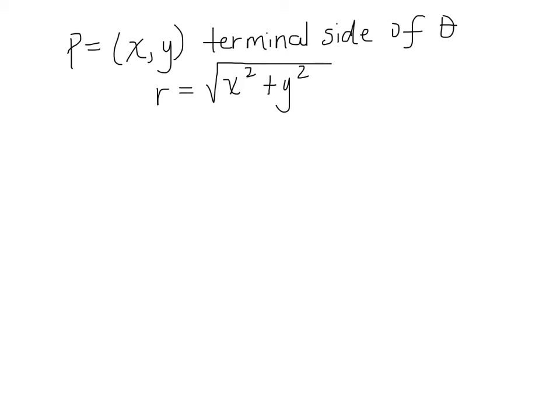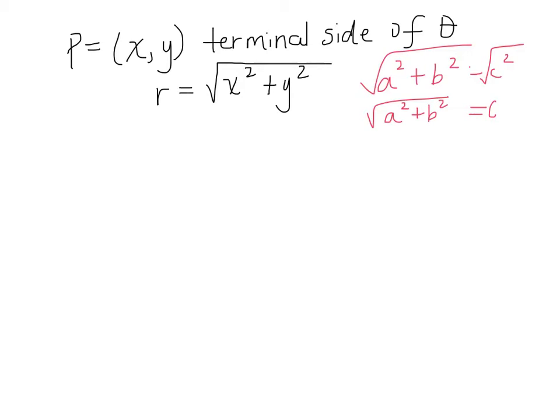Because remember, that's like the Pythagorean theorem. So over here, remember how you had a squared plus b squared equals c squared? Well, that's the same thing, but we're using x and y, which represents on the coordinate plane the x coordinates and the y coordinates.